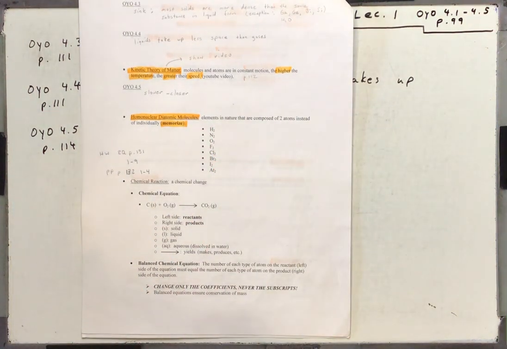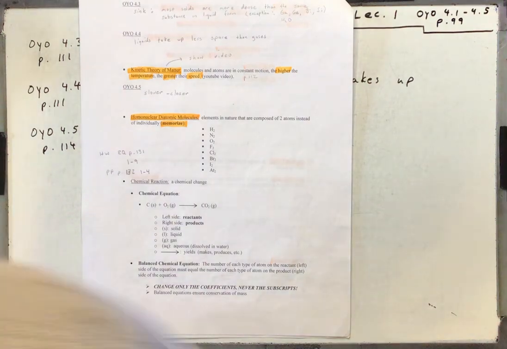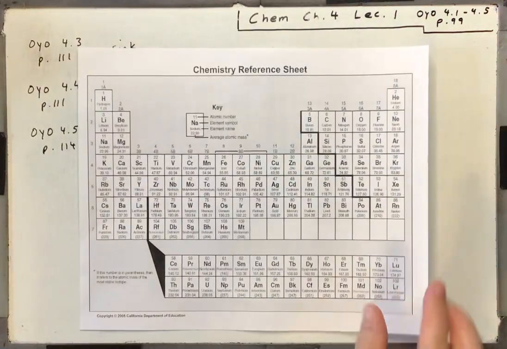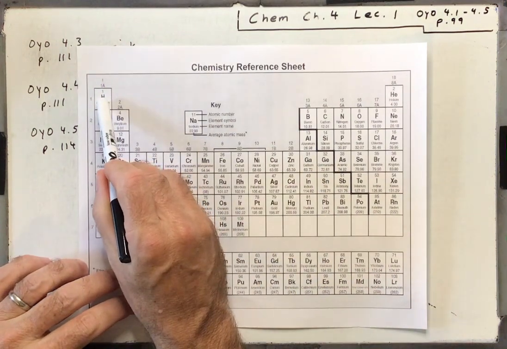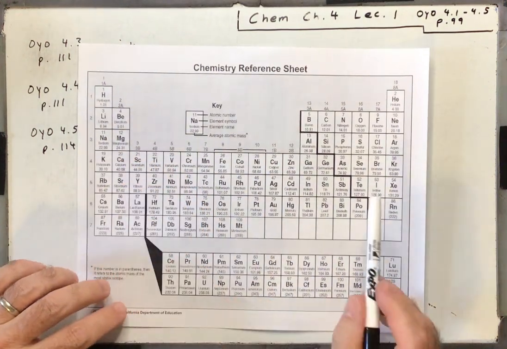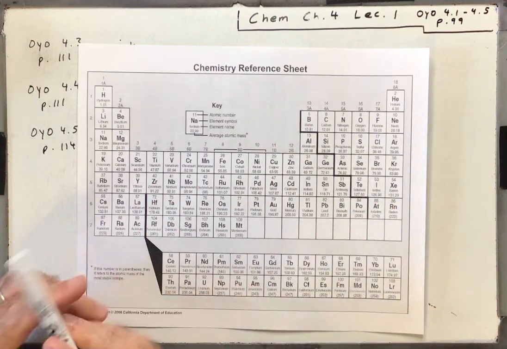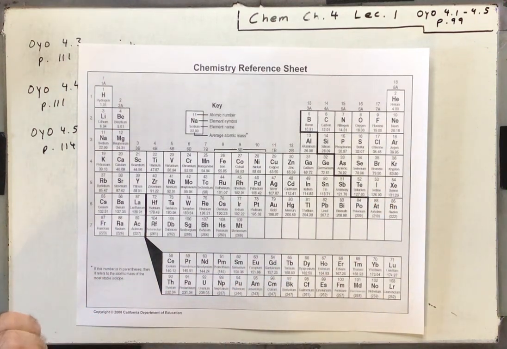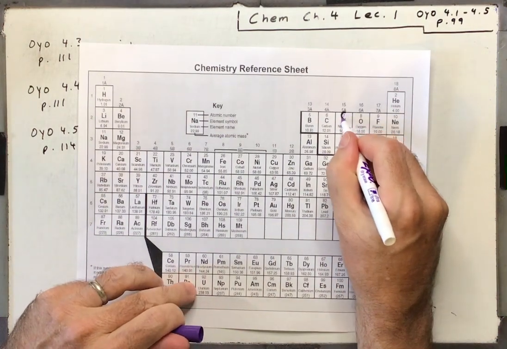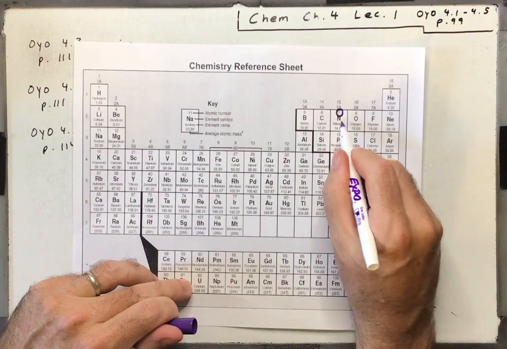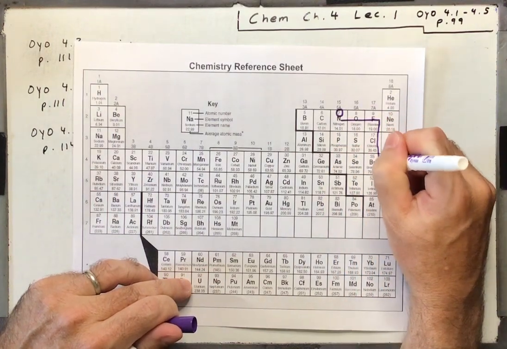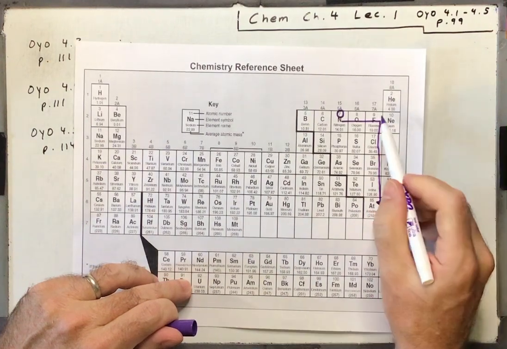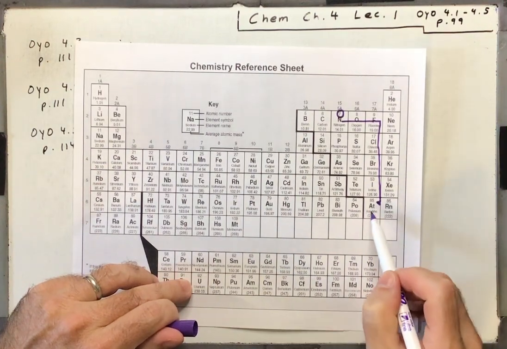Looking at your periodic table, there's a pretty easy way to memorize this. You've got to remember hydrogen is a homonuclear diatomic molecule. And then all of the others make a 7. It's a 7 that starts with element number 7. So nitrogen, oxygen, fluorine, and then they go down like that: fluorine, chlorine, bromine, iodine, astatine.